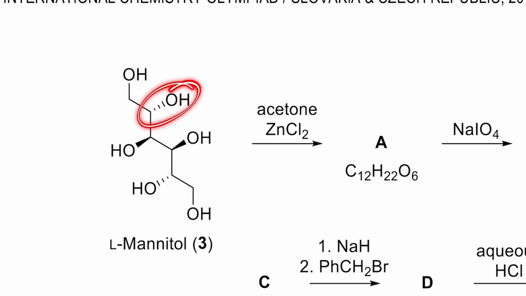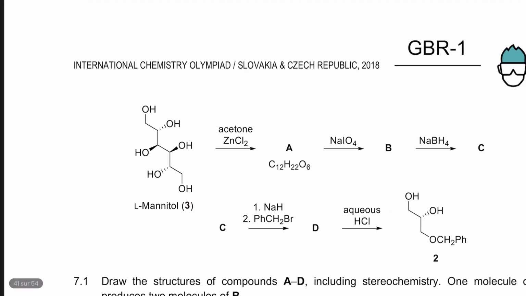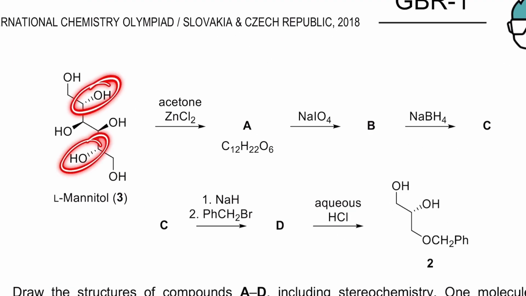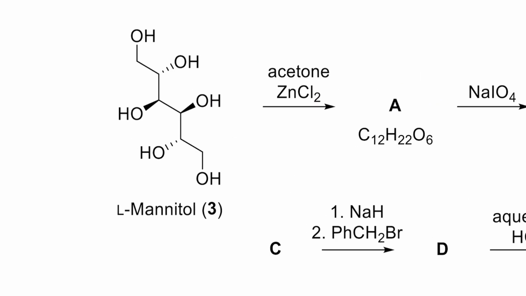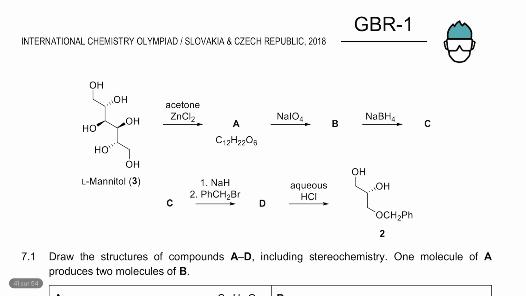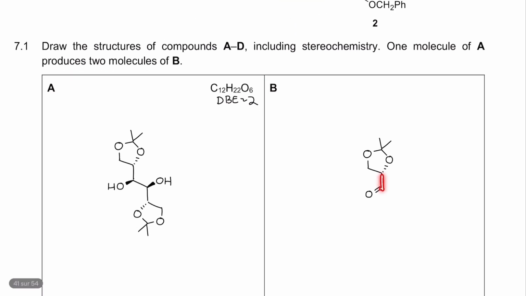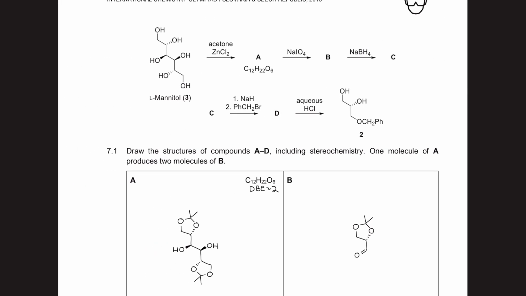These are the only stereocenters that matter, and we have to keep it locked like this. But for the stereocenters that bear the wedged OH, it doesn't matter, because after treatment with sodium periodate, it's going to cleave and it's not going to be a stereocenter anymore.